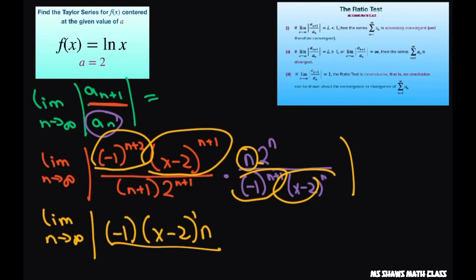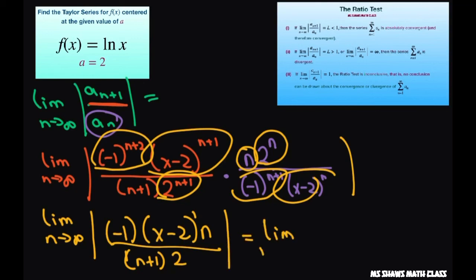And then for this piece, we're going to get n plus 1, and for these two, that's just going to be times 2. This also simplifies to the limit as n approaches infinity of n divided by n plus 1 times the absolute value of x minus 2 divided by 2.